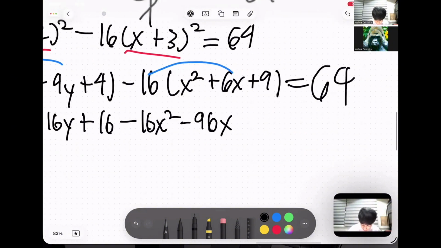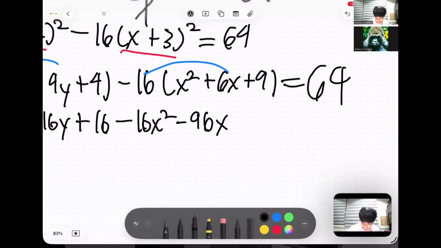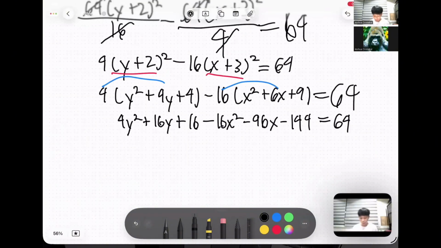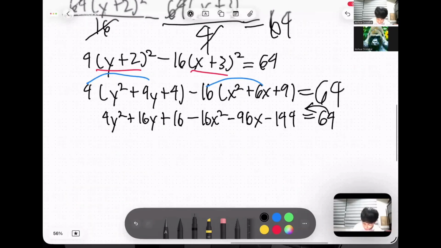Then 16 times 9 is 144, negative 144, equals 64. That's what we will have. And after this, we just basically combine. We move 64 right here, so this will become negative 64.